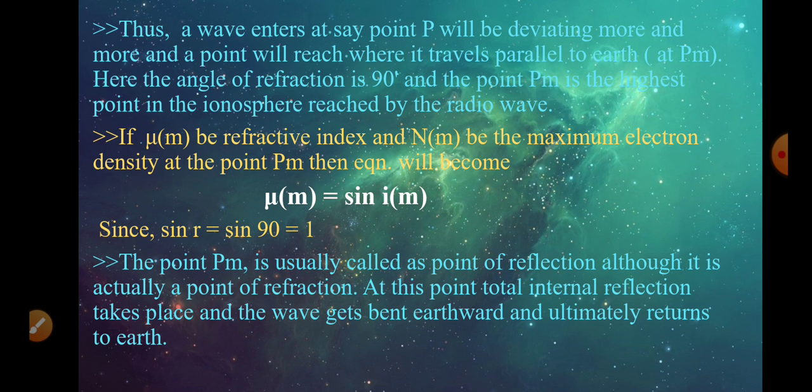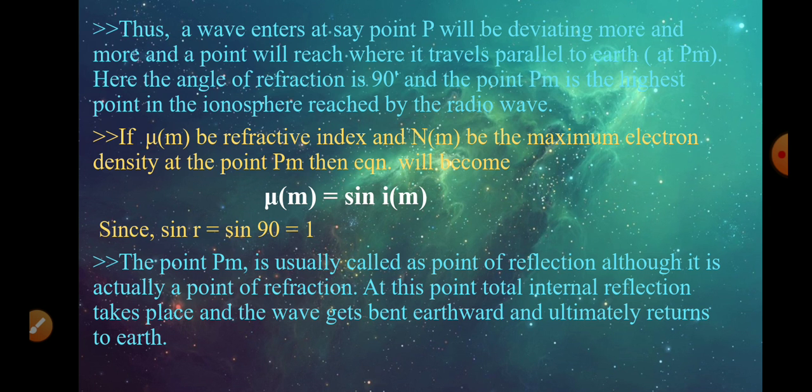Let mu m be the refractive index and nm be the maximum electron density at the point Pm. Pm is the point where the angle becomes 90 degrees and total internal reflection takes place, where the wave no longer refracts along its path but is reflected back from the ionized region to the earth's surface.